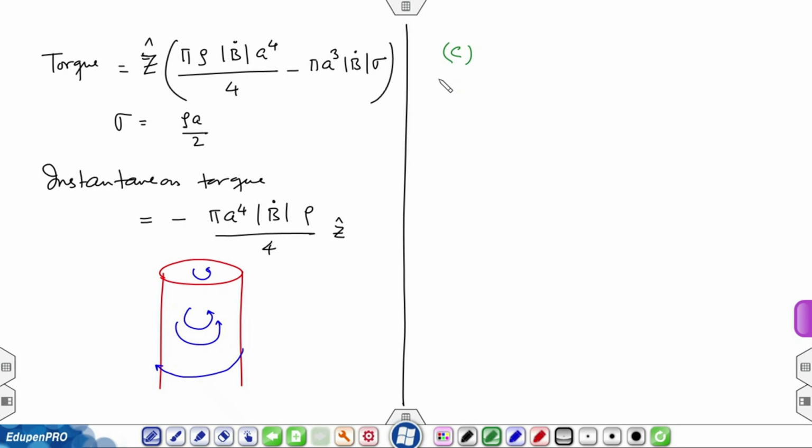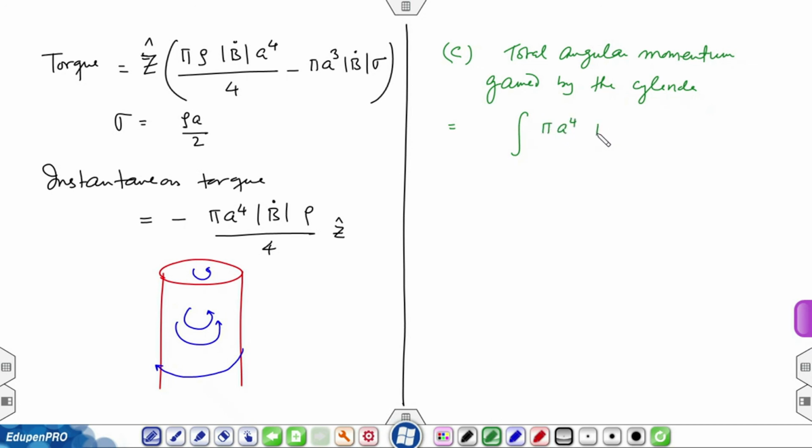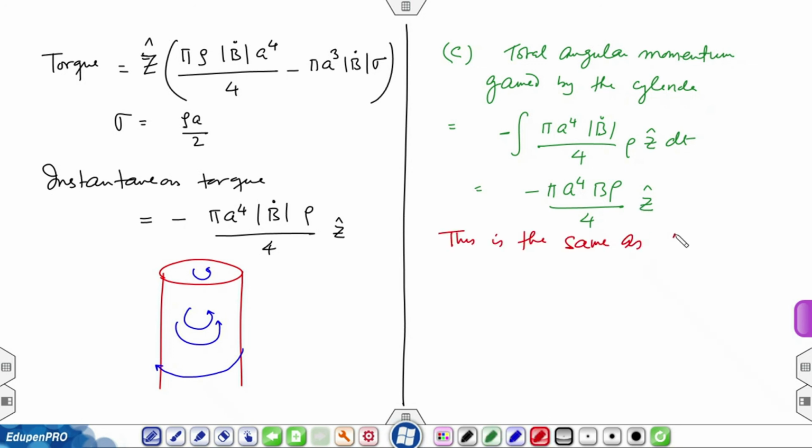As a result of this torque, what I am going to have is the total angular momentum gained by the cylinder is going to be equal to integration pi a raised to 4 B dot, only the positive part, divided by 4 rho z dt, and that is going to be minus pi a raised to 4 B rho over 4 z, and this is the same as electromagnetic angular momentum initially in the system.